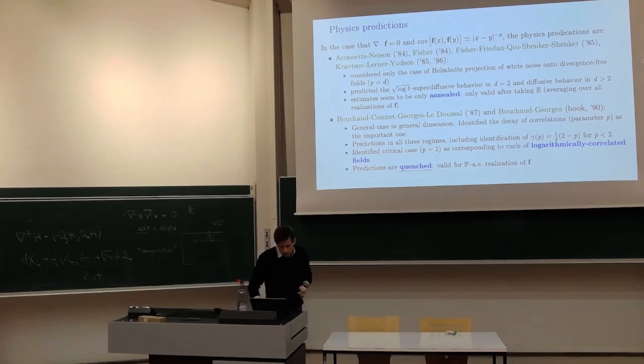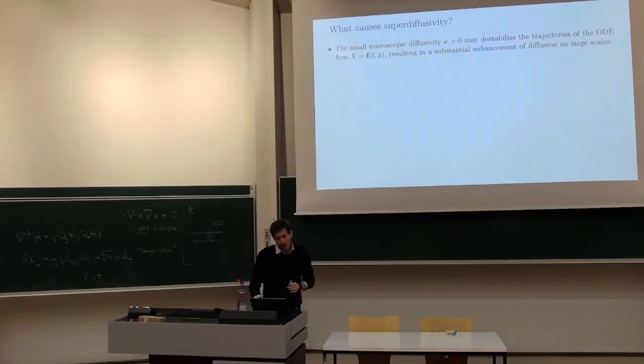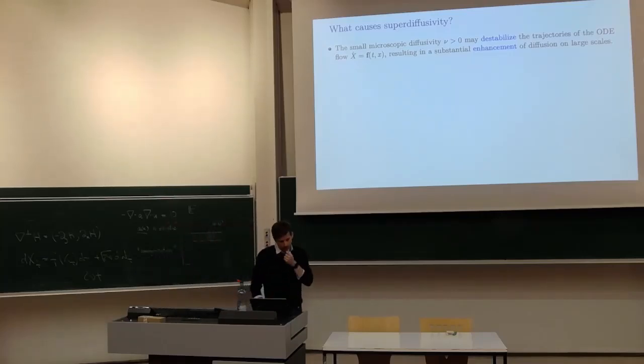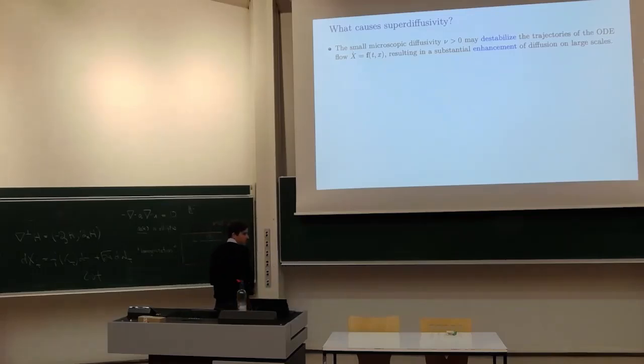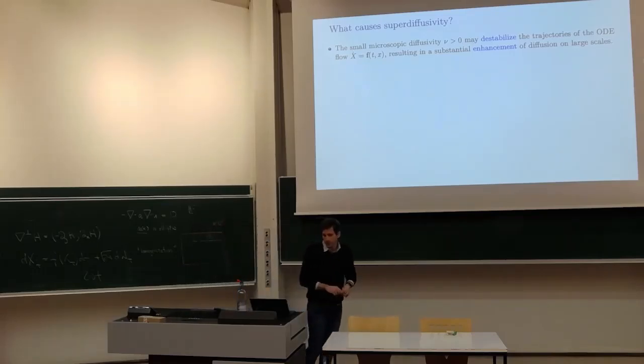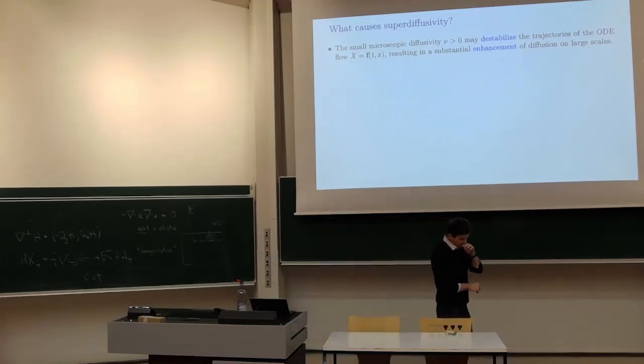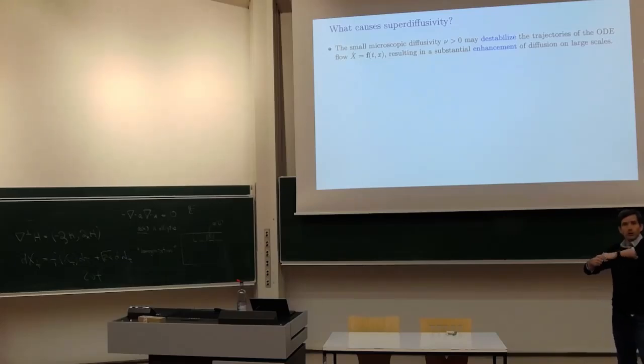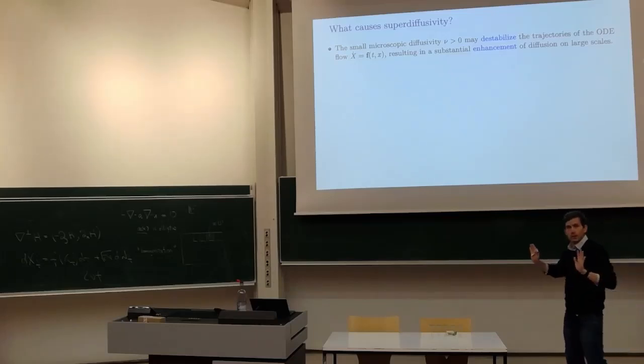Now, I want to explain what causes the superdiffusion, to give you a picture in your head about what our stuff is about. Let me try to draw a little picture, and I have a little video I can show you. The reason that the superdiffusion happens, you may think, well, as time goes along, the particle somehow speeds up. But no, the coefficients in the stochastic differential equation don't depend on time.